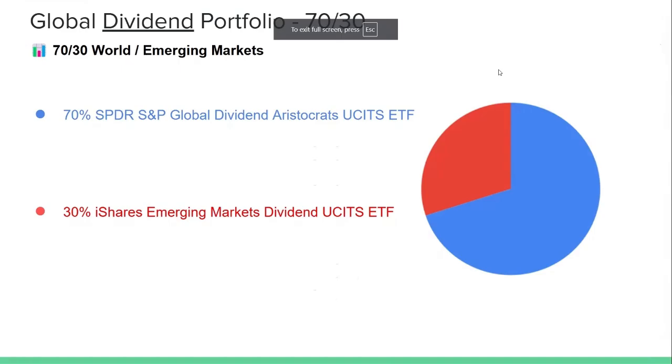It's good if you want to have some extra income on the side to consider these dividend ETFs. They pay high dividends. They have good payouts, and it's good to consider.